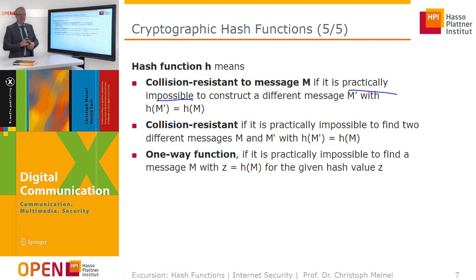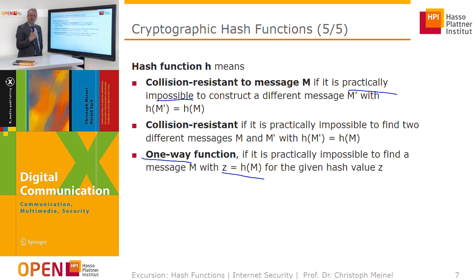And the cryptographic hash function should be a one-way function. One-way function means that it's practically impossible to reproduce from a hash value Z the value of a message M. So in one direction, computing the hash value of a message is easy.